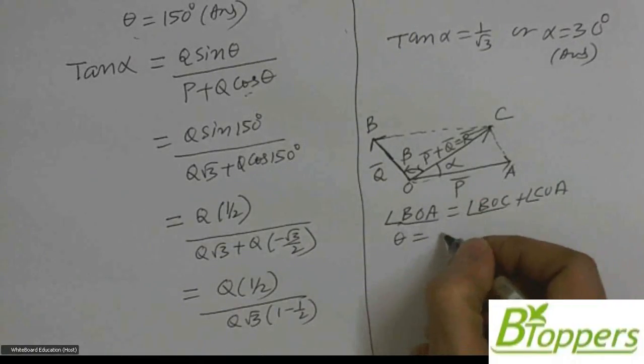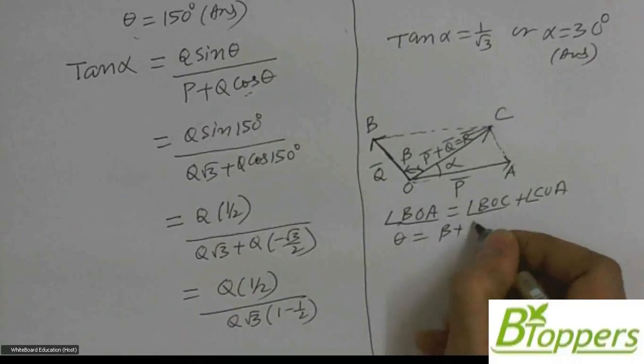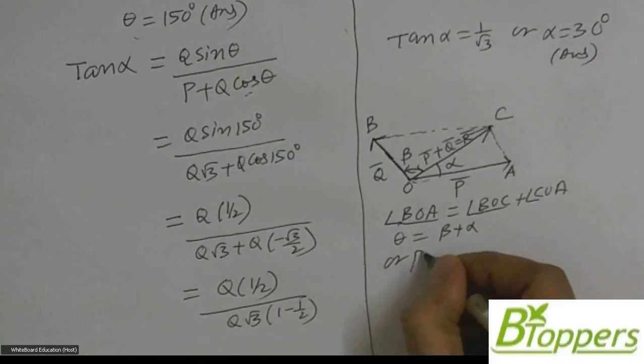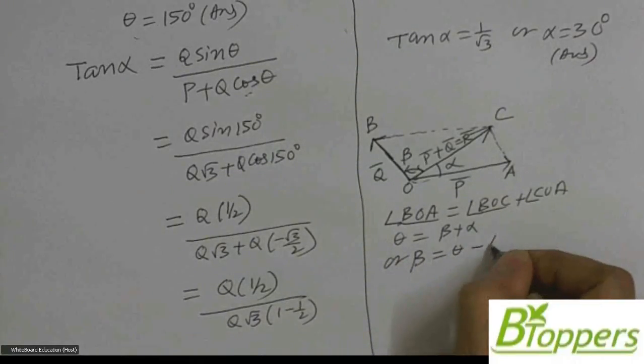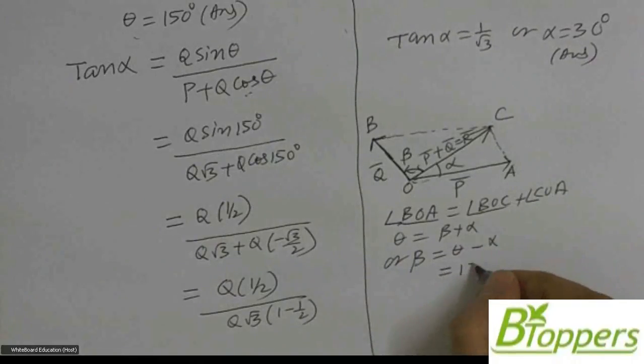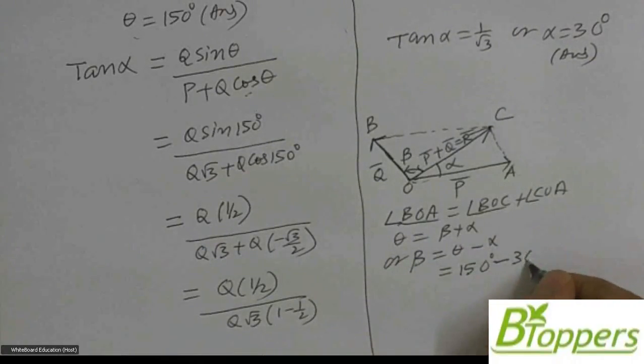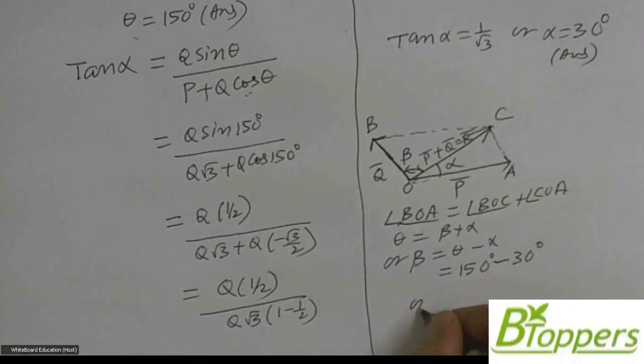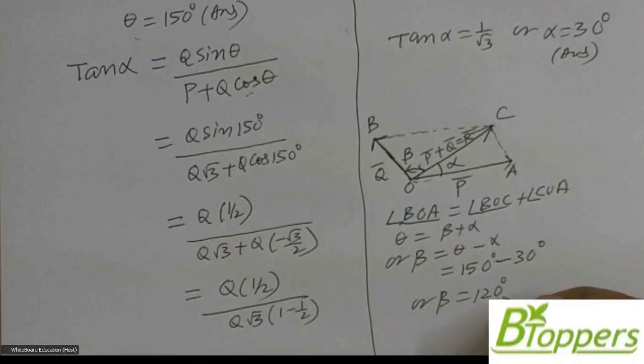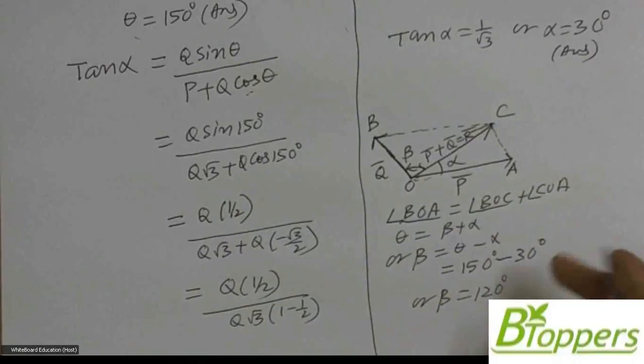That means theta equals beta plus alpha, or beta equals theta minus alpha. We got theta as 150 degrees, alpha as 30 degrees. So you get beta as 120 degrees. Here beta is the angle made by the resultant with the second vector Q bar.